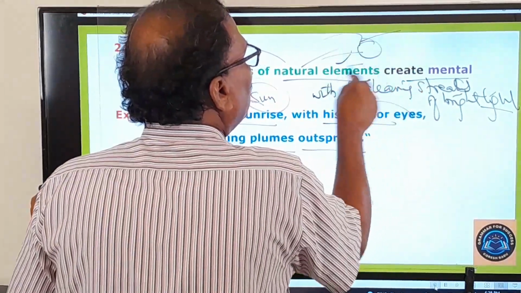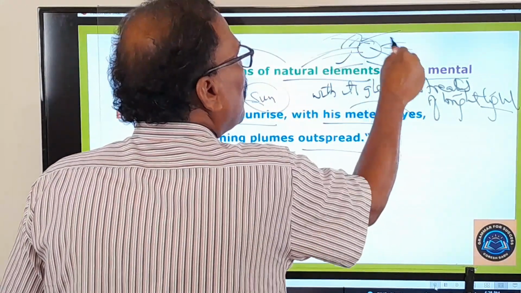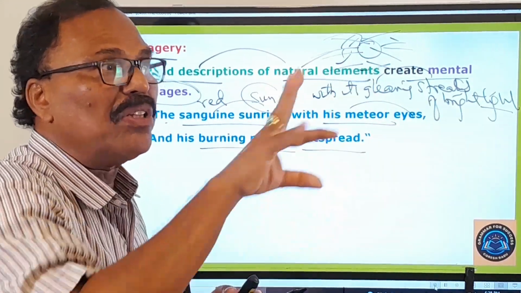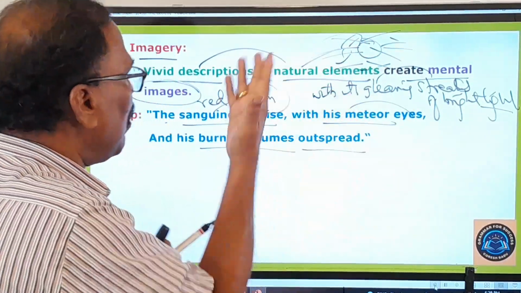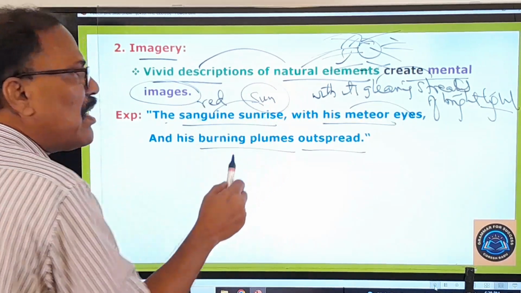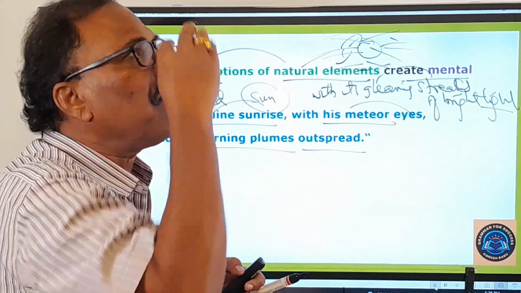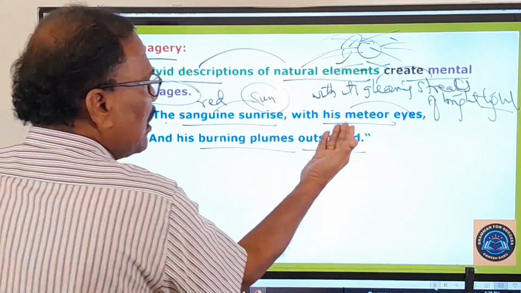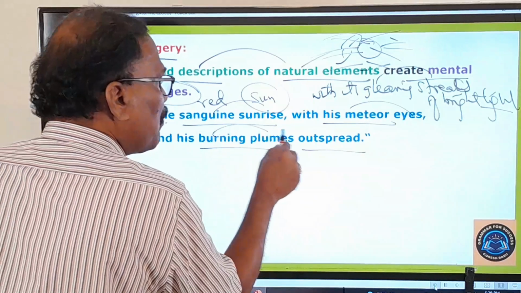You can find the streaks of bright light. So these are all the streaks. Streaks means rays. They will be gleaming, they will be glowing like anything. So early in the morning, this is all description. And when you read this line, immediately the picture will flash on your mental screen. So the red sunrise with his meteor eyes, burning plumes outspread.